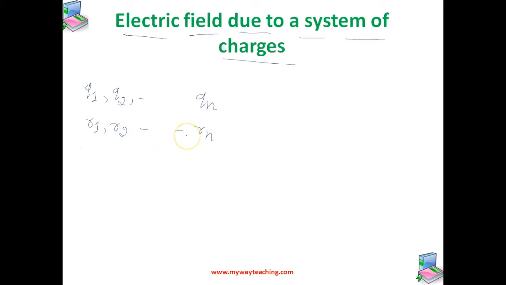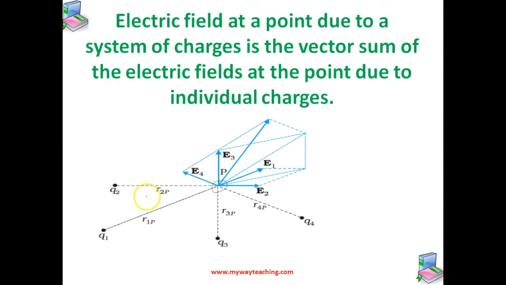Then the electric field E1 at R due to Q1. As you can see here, the electric field E1 is due to the charge Q1, isn't it? Whatever we have considered. So that is given by E1 is equal to Q1 by 4 pi epsilon naught R1p square.